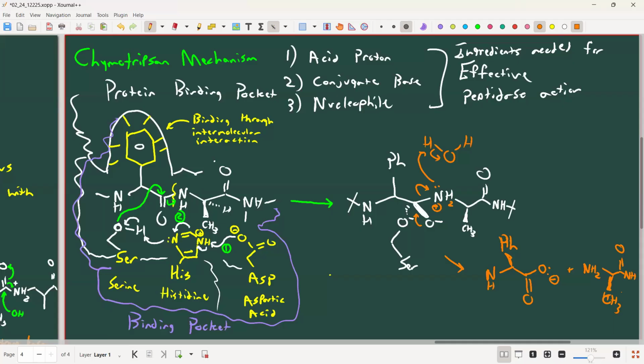All right, so here's the cool thing. The structure of this binding pocket determines what amino acid fits in there. Okay, so not surprisingly, there is a very long list of peptidases, trypsins, that all kind of look the same.